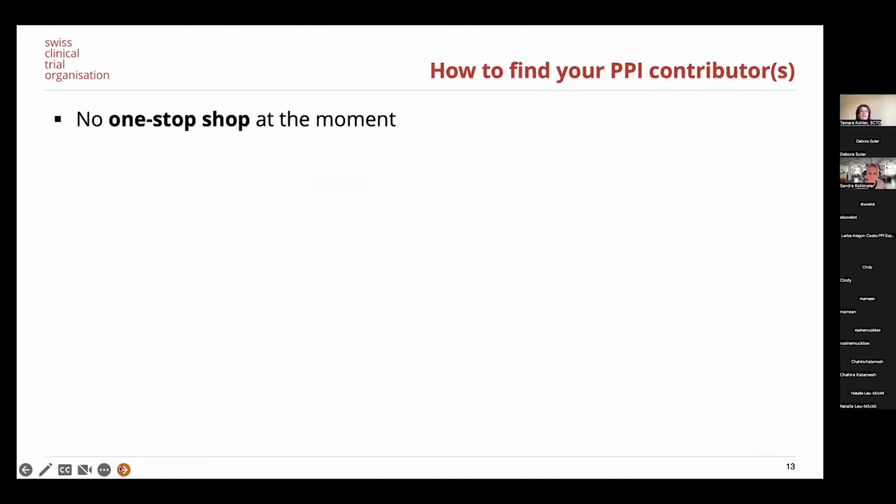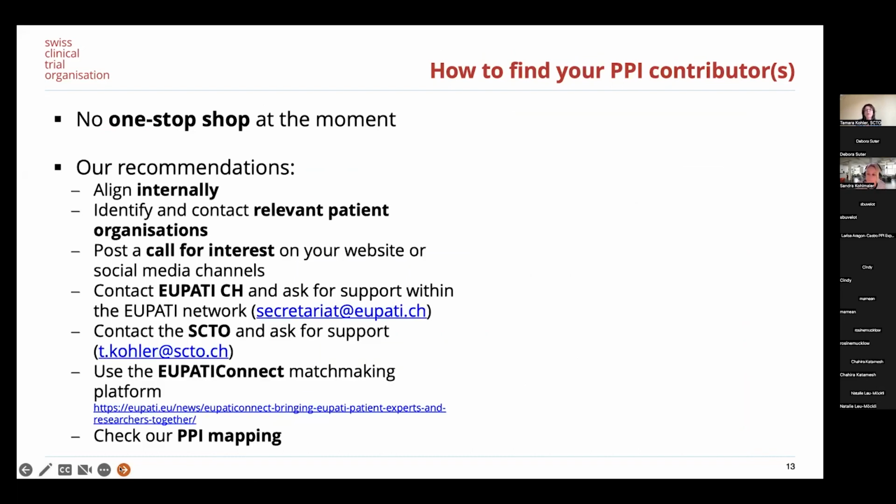And how do you find your PPI contributors? Well, unfortunately, there is no one-stop shop at the moment. What we do recommend is align internally, or ask your CTU for support, identify and contact relevant patient organizations, or post a call for interest on your website or on social media channels. You can also contact IICT Switzerland and ask for support within the IICT network.